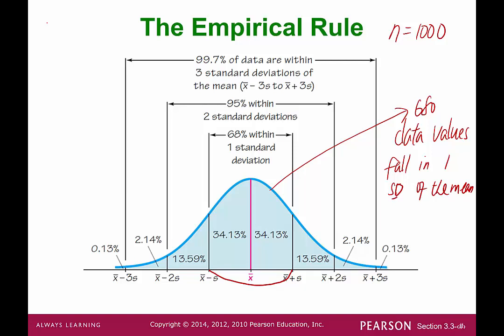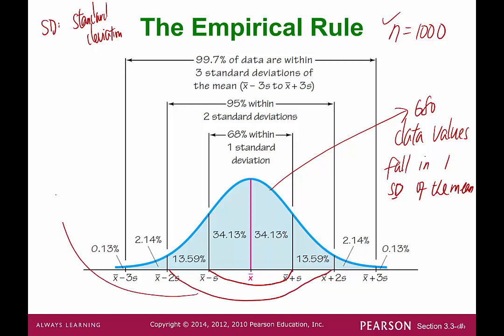SD here represents standard deviation. And the second one is 95% of the data falling within two standard deviations of the mean.